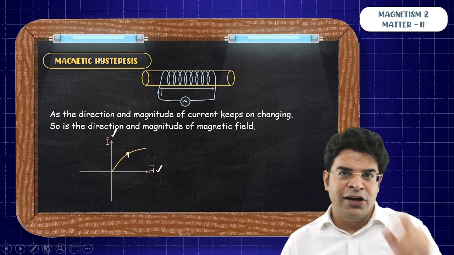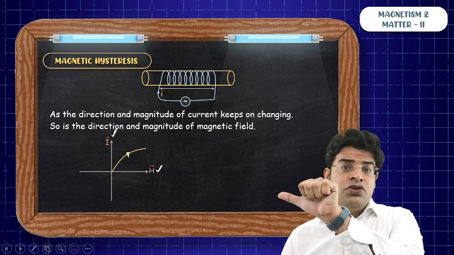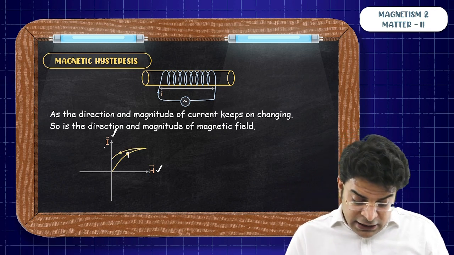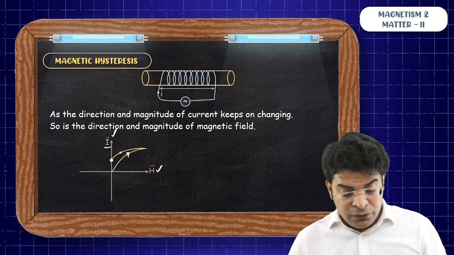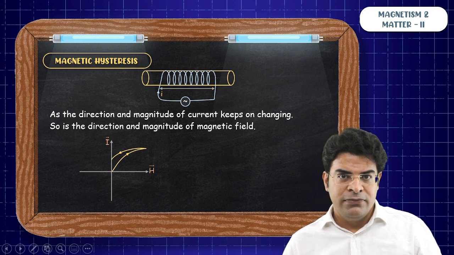Now the game starts. Now as the magnetic field intensity starts dropping from the maximum and becomes zero, the intensity of magnetization also starts decreasing but does not become zero. This is called the memory of the ferromagnetic substance.